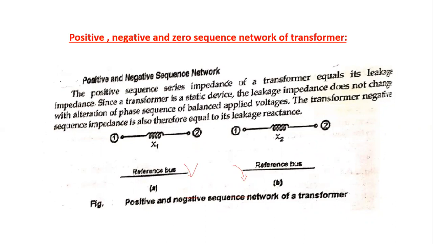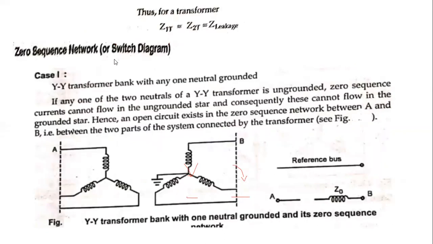There is no difference in drawing the positive and negative sequence: the positive sequence has x1 and the negative sequence has x2. X1 means the positive sequence reactance and x2 is the negative sequence reactance. But in the zero sequence network, we consider different cases.